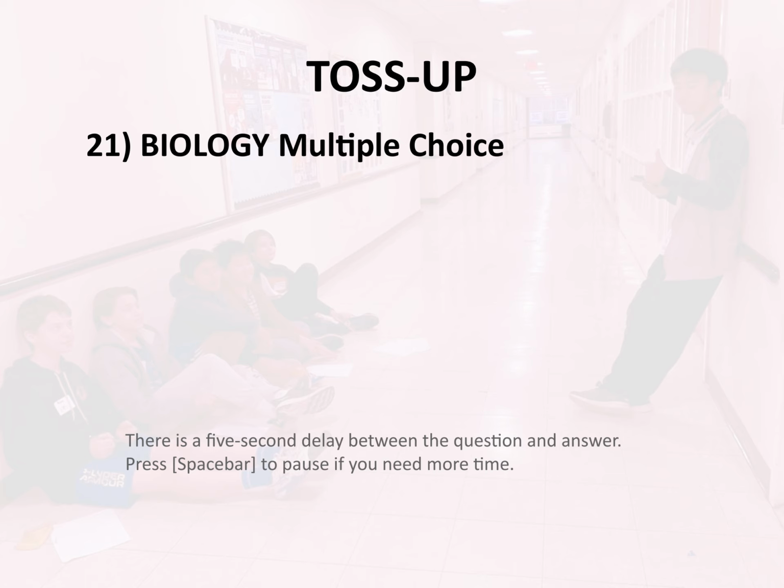Toss-up, 21. Biology. Multiple choice. In the lipid membranes of cells, there are multipass proteins that are partly within the lipid bilayer and partly outside of the lipid bilayer. Through which of the following forces do these proteins achieve this position relative to the membrane?